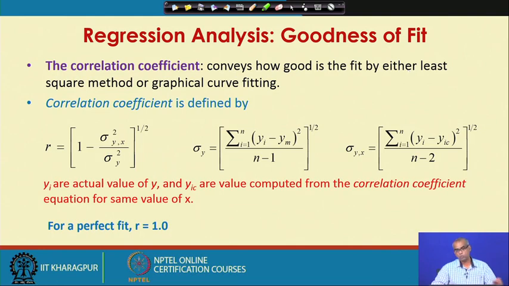So, how do I know that my fit is good? There should be a measure of goodness of fit. There is something called the correlation coefficient, which conveys how good is the fit by either the least square method or graphical curve fitting. So, the correlation coefficient is a measure of goodness of fit. The correlation coefficient is defined by this equation.